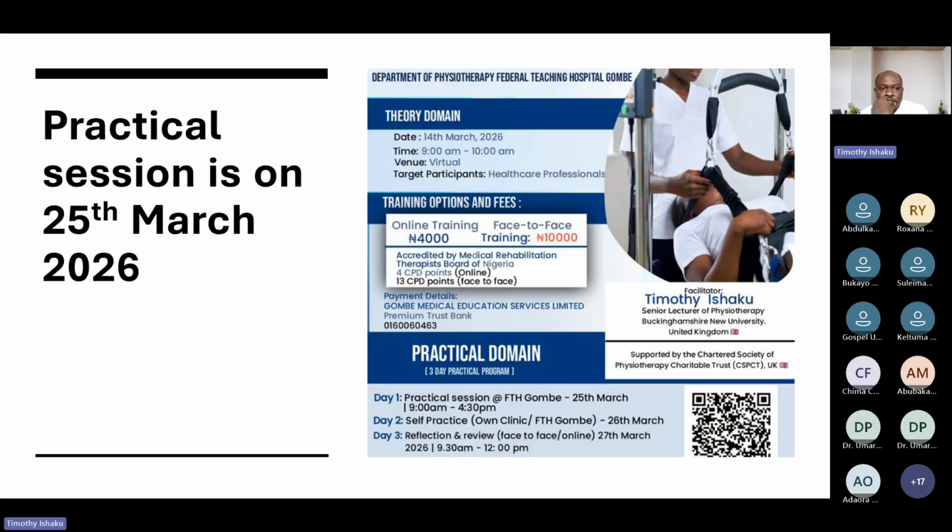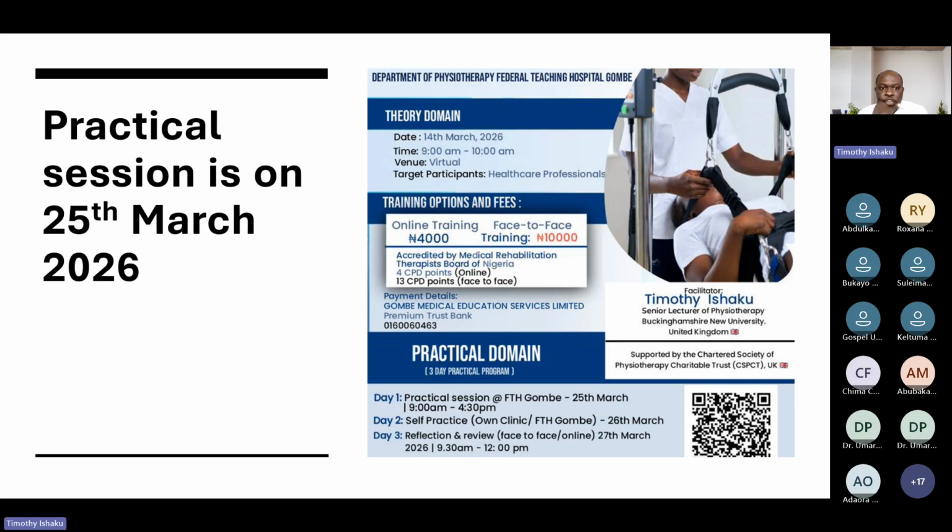And today is one part of the conversation where we do the theory component of the patient handling techniques. The second part of the conversation will happen in practical sessions, whereby we will consider the equipment and use the equipment in practice. The practical training will happen on the 25th of March.